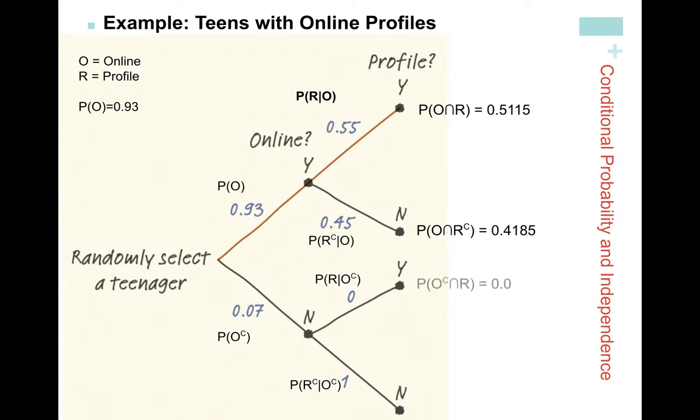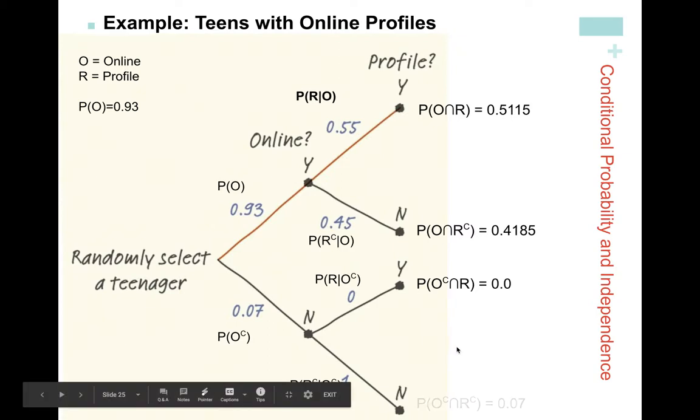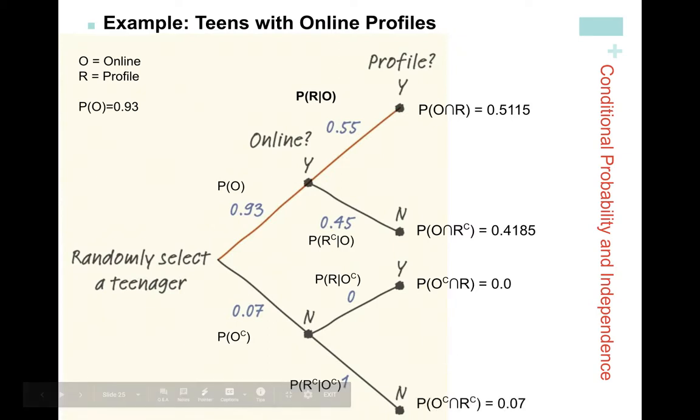Okay, this is the probability of O complement and R. So this is the probability that they're not online and they did make a profile online. Well, that makes no sense. That's a 0. And then this is the probability that they're not online and they don't have an online profile. So now if you add up all of these intersection probabilities at the very end of the tree, they will all add up to 1, because these are all 4 of the final cases of what could actually happen.